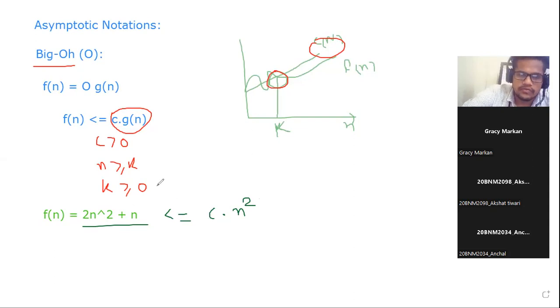Let's suppose I take n as 5. Then n square is 25, and 25 into 2 becomes 50, so this becomes 50 plus 5. Just a minute. Yes, Nitish.